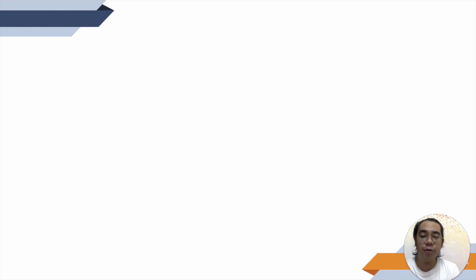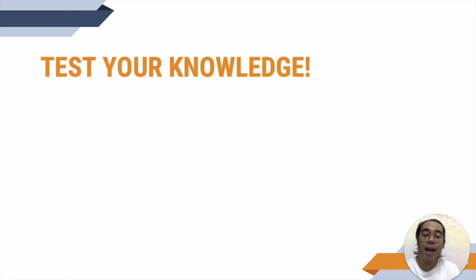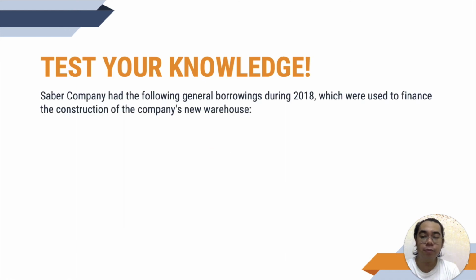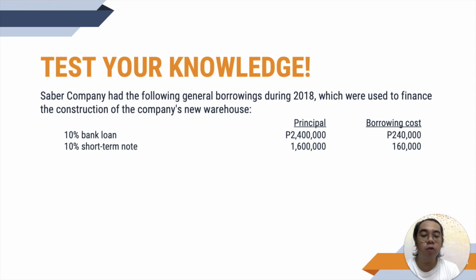If you know the answer to this question, then comment your answer to this video. Sabre Company had the following general borrowings during 2019, which were used to finance the construction of the company's new warehouse. We have a 10% bank loan, 2,400,000, borrowing cost 240,000. 10% short-term note, 1,600,000 principal, borrowing cost 160,000. 12% note, principal is 2 million and borrowing cost is 240,000.